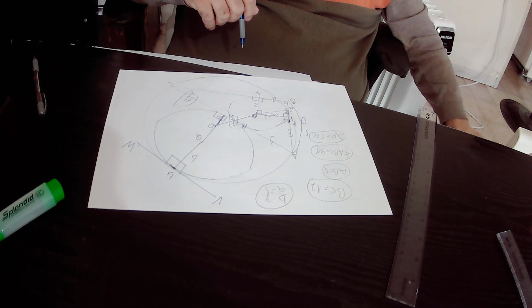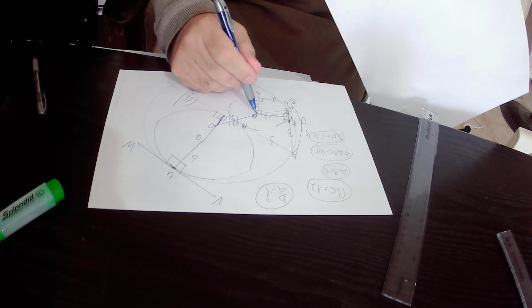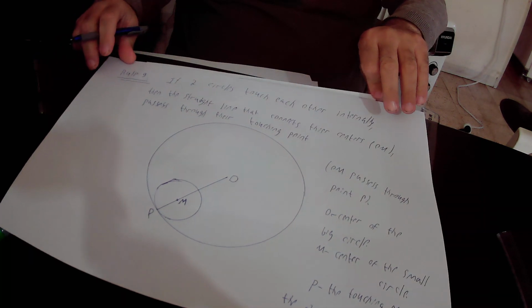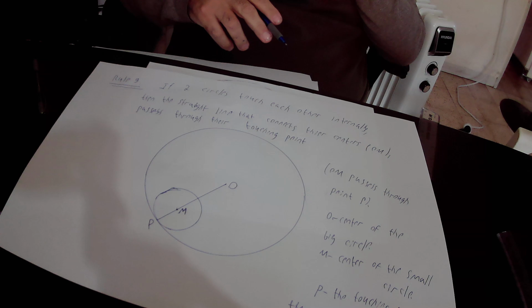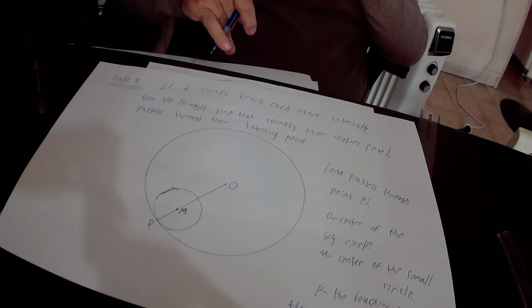And we also have here rule number 9. According to rule number 9, if two circles touch each other internally, then the straight line that connects their centers together passes through their touching point.